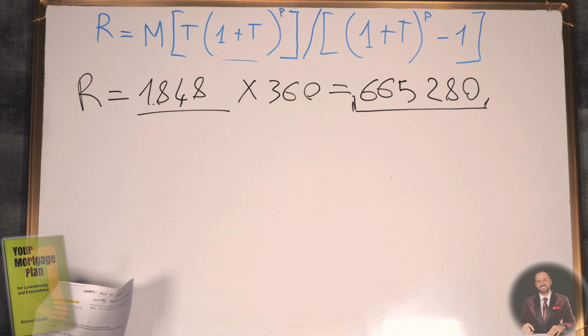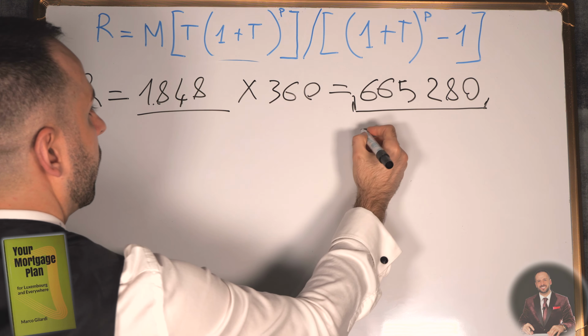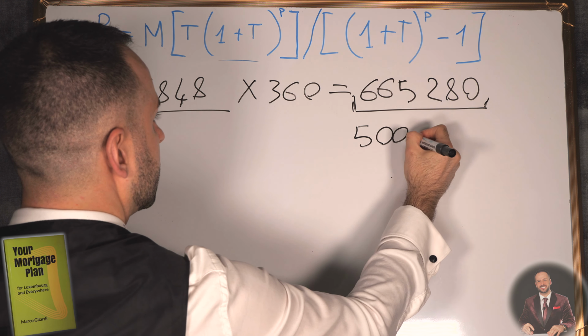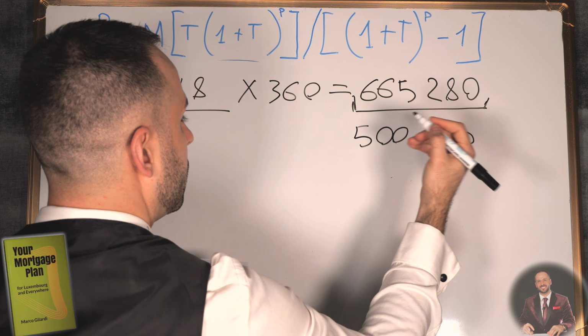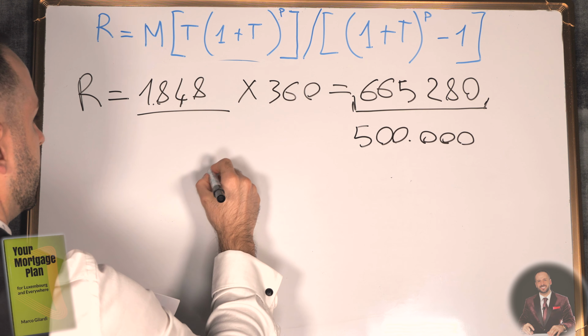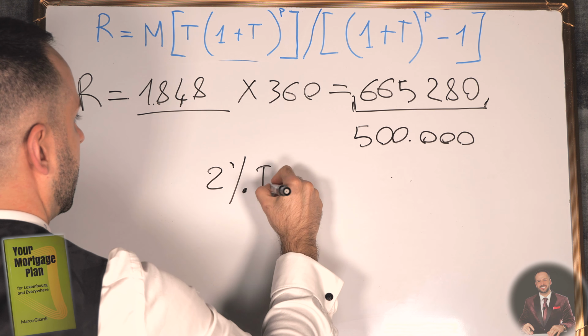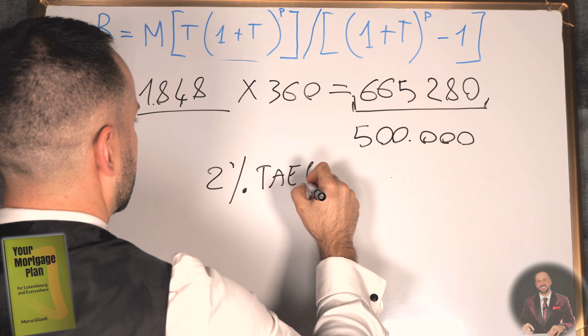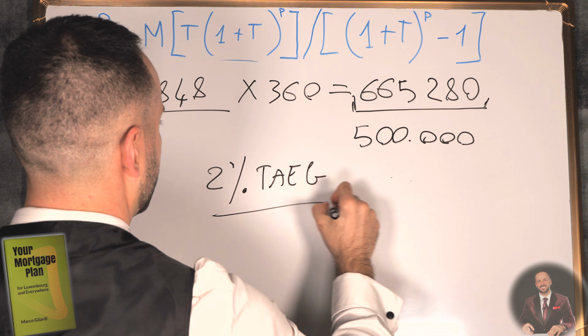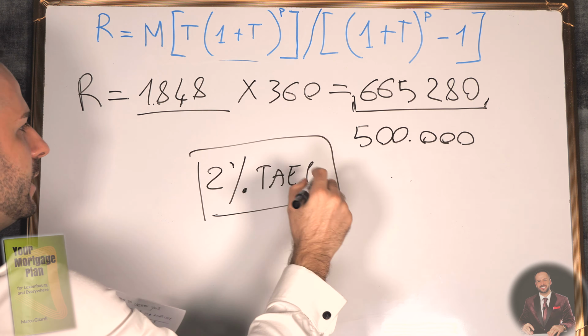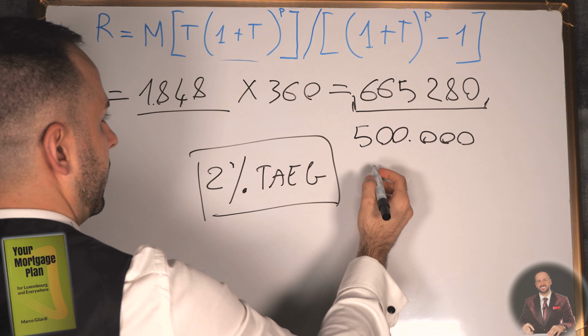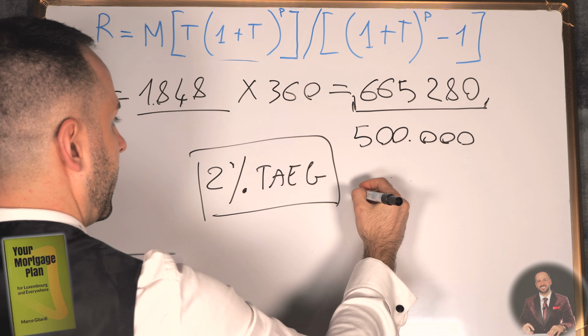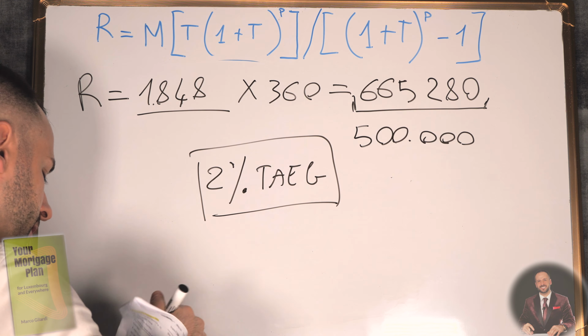But how much was our mortgage request? Our mortgage request was 500,000. So you see, with 2% TAEG, okay, with this percent, we will finally have to pay to the bank the total interest.